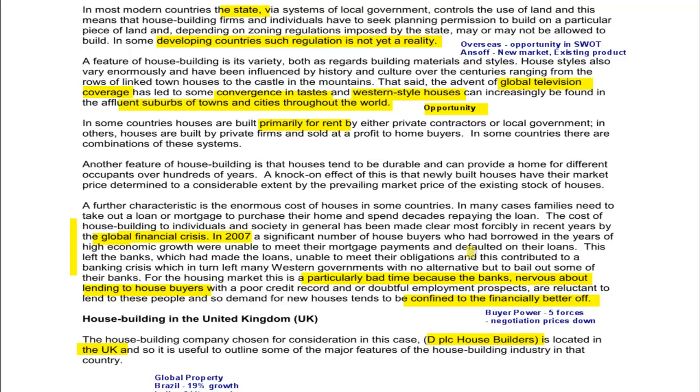Okay, and one final point out of this section is the idea that one of the limitations is the prevailing market price. Like all markets, the property market has supply and demand acting upon it. There's been less house building over the last few years, and so supply has gradually been going down, which is a good thing, which means that prices may recover over the medium term.